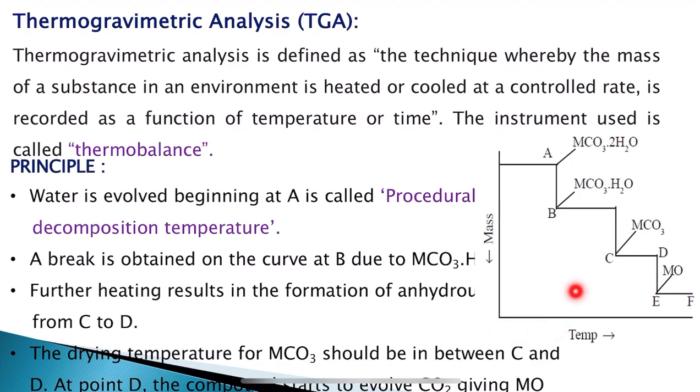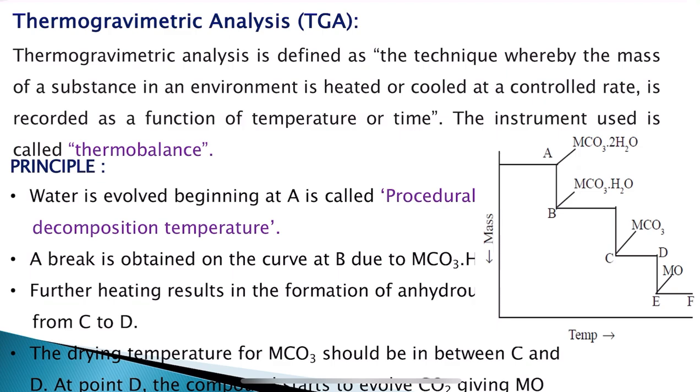As the temperature increases, the two water molecules get eliminated. When they are eliminated, definitely the mass of the compound, the metal carbonate, decreases. M is generally represented as metal.